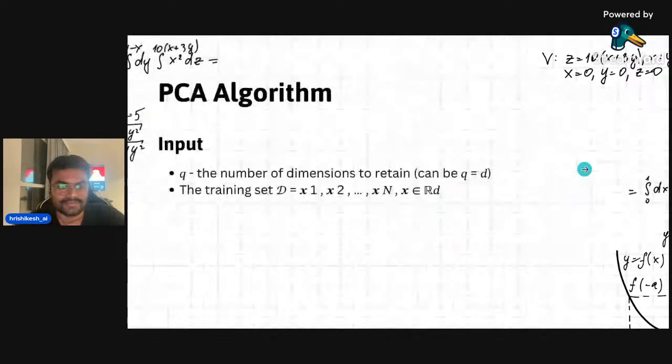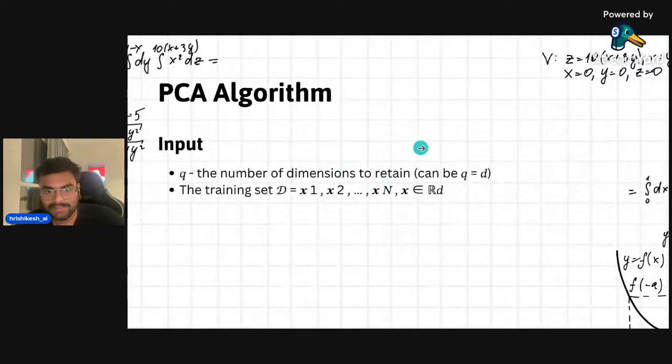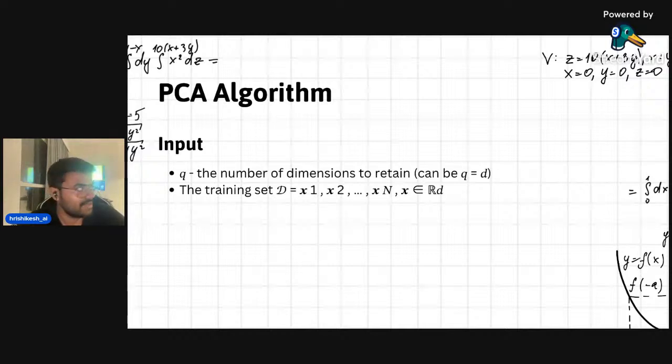Okay, so what does the PCA algorithm actually take? It takes the number of dimensions to retain. Like if it's two dimensional and the number of dimensions you want to retain is only one, at that time you can just do that. And also you need to have a proper training set, particularly for the dimension which you are actually provided.